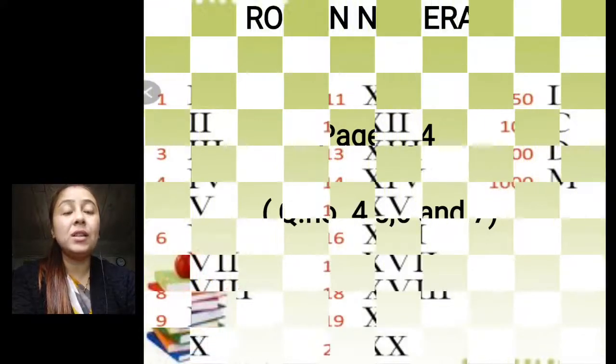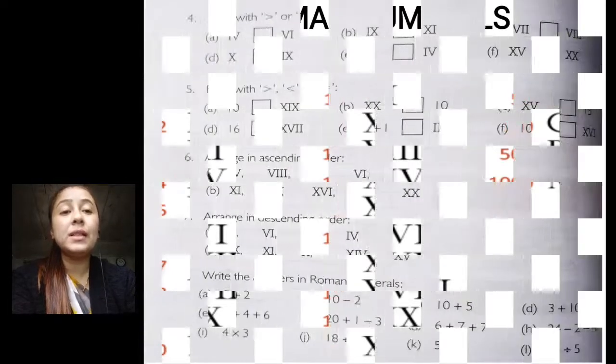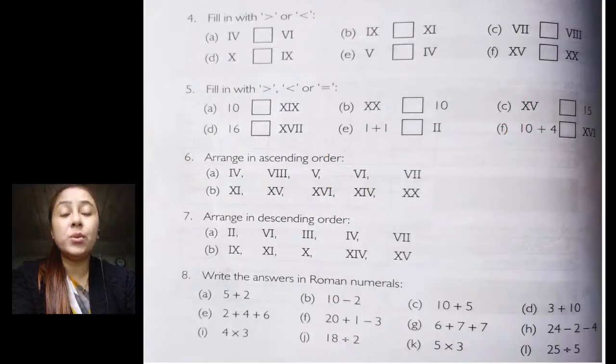So these are the Roman numerals, children. 1 is I, 2 is II, 3 is III, 4 is IV, 5 is V. In this way 10 is written as X. 20 is XX, 50 is L, 100 is C, 500 is D and 1000 is M. So children, these are the sums which we are going to do in today's class.